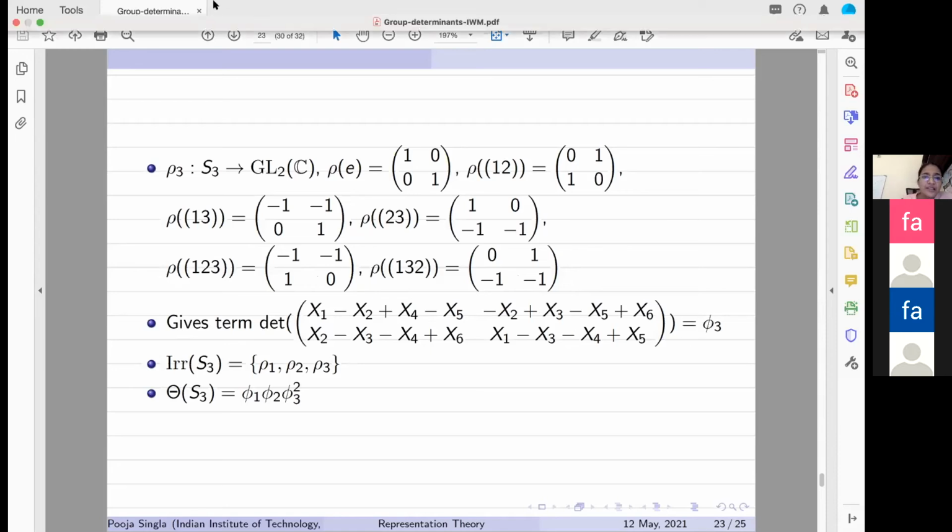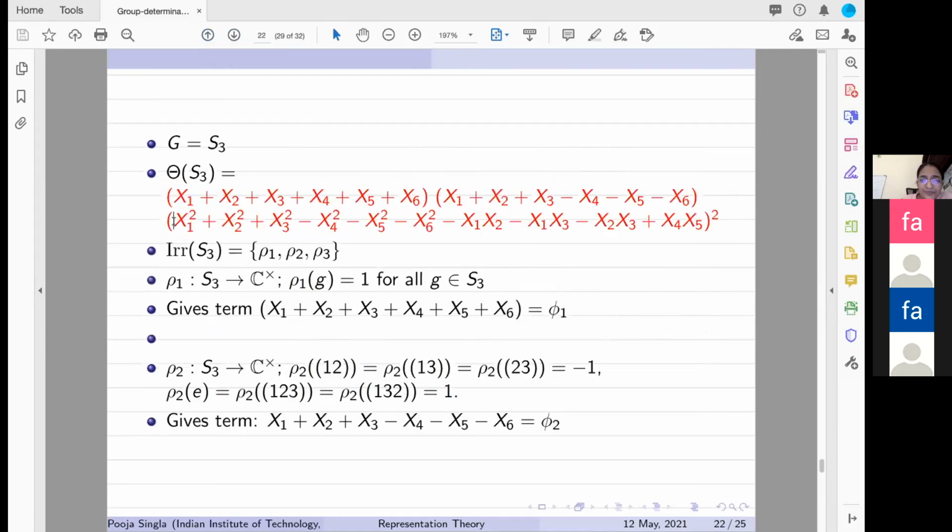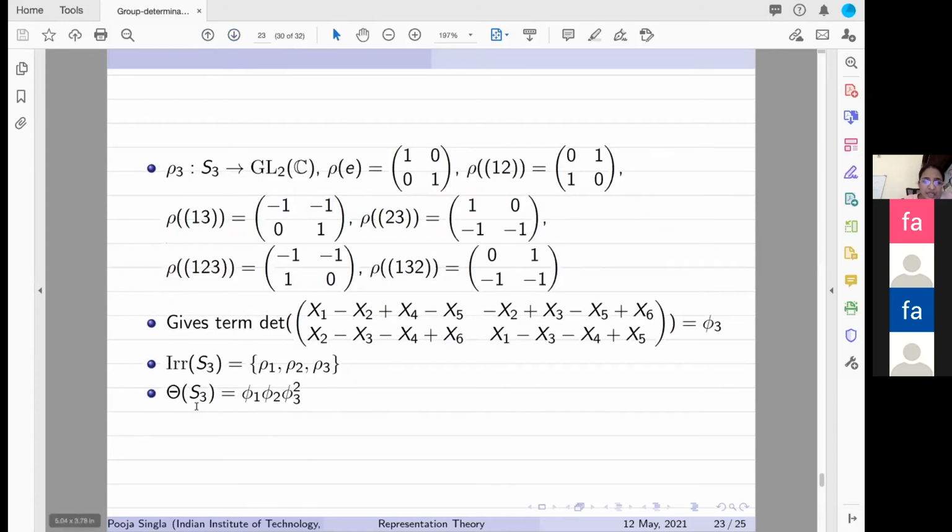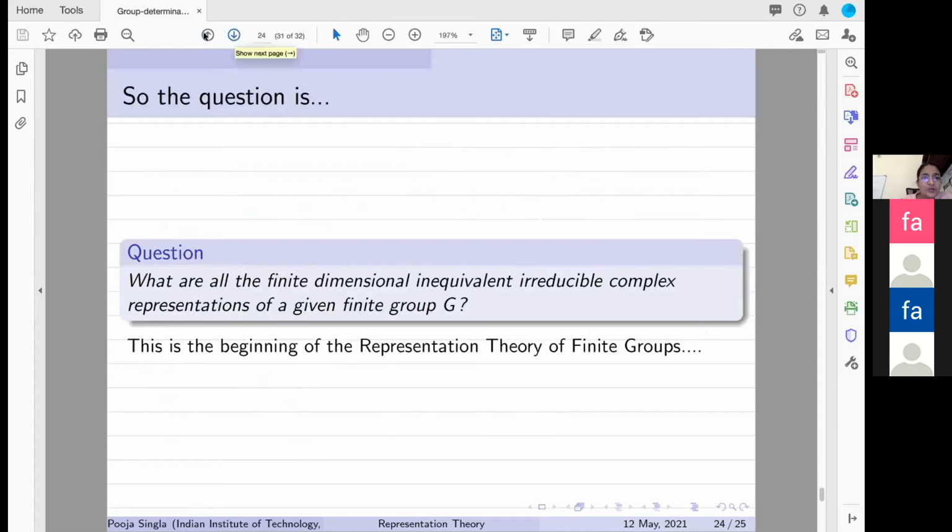If one does the computation and writes the determinant, one gets basically this term. And then by Frobenius' result, I should have the group determinant of S3 equal to phi1, phi2, phi3 squared, and nothing else.